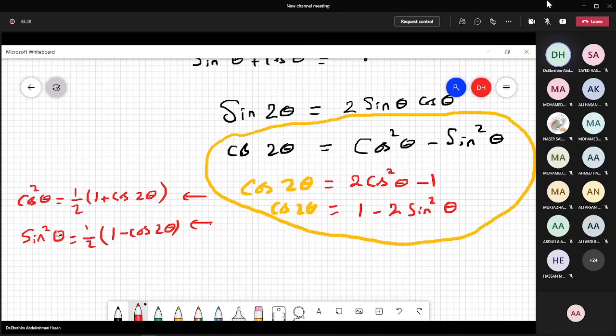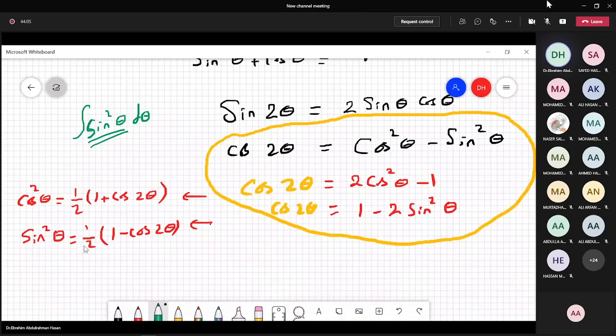This is what we call we linearize sine and cosine. So if you have, for example, the integration of sine square theta d theta, then you have to replace this one with half multiplied by 1 minus cosine 2 theta.